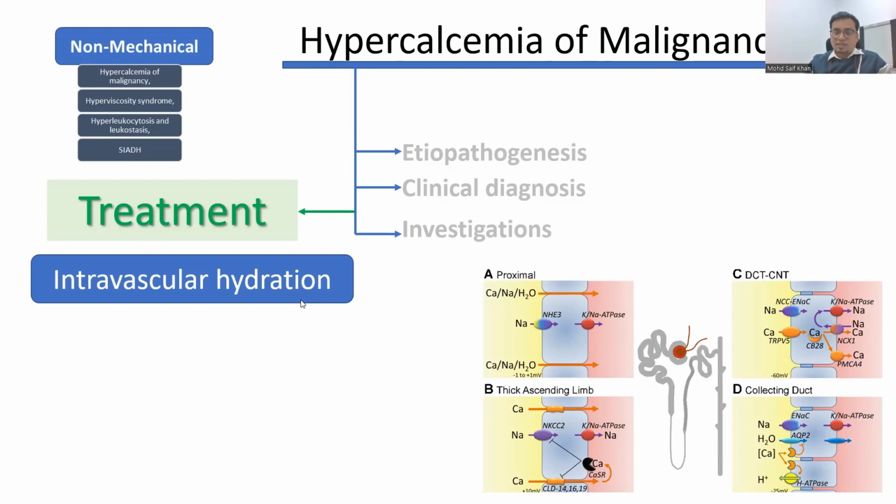Diuretics are not advised until there are signs of volume overload, like pulmonary edema. Loop diuretics are otherwise not advised as part of a calcium lowering strategy. However, if the patient is on thiazides, you need to see the treatment chart. If the patient is on thiazide, lithium, or vitamin D supplements, you need to stop them.